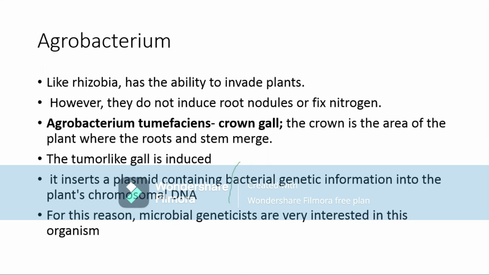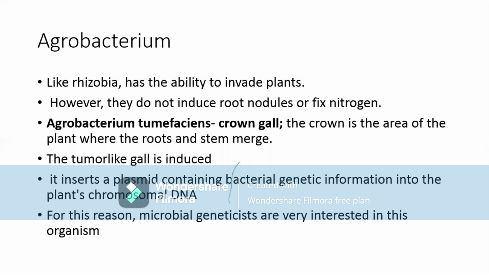The second advantage is that it also enters its plasmid into the plant cell, and its characters are expressed there. So you can remove the genes capable of causing infection in the plant from that plasmid and replace them with your desirable characters. That's why microbial geneticists are very interested in these organisms.